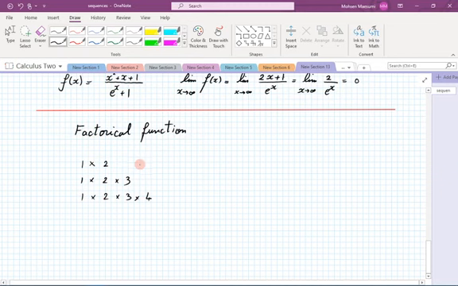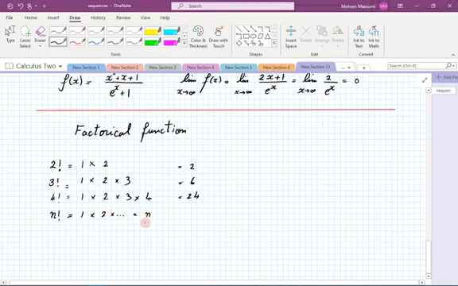We want to have a notation so that we abbreviate this kind of writing. The notation is simply to write the number followed by an exclamation and read it as 2 factorial. So this is going to be 3 factorial, this is going to be 4 factorial, and of course it's obvious this is 2, this is 6, this is 24, and so on. So n factorial means multiply all the numbers between 1 and that number n.